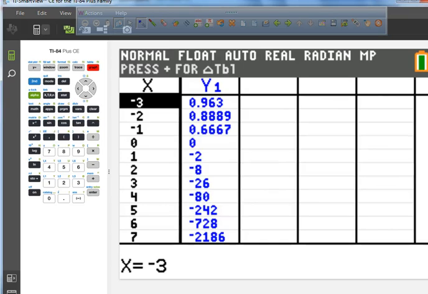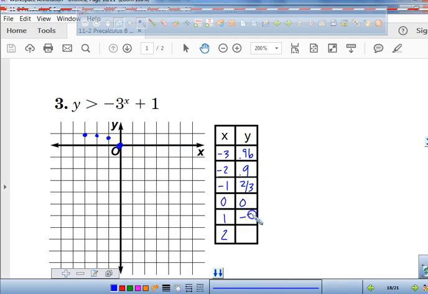And then we have 1, negative 2, and 2, negative 8. So we have 3, 4, 5, 6, 7, 8. Now this is greater than. There's 2 things that are happening. Number 1, you're going to connect these dots not with a solid curve, but a dotted curve.